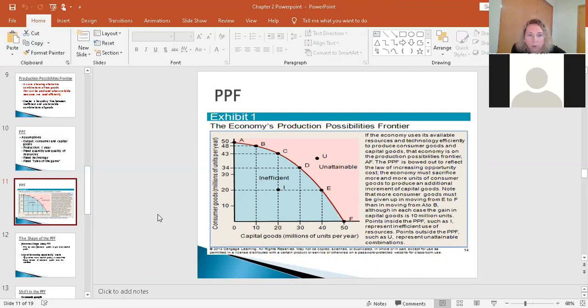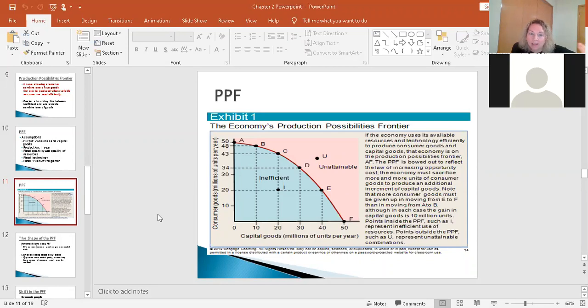So as we go from point A to point B, or 0 capital good to 10 million, how much consumer good did we have to give up? What's the opportunity cost in terms of consumer goods? 2 million. Thank you, 2 million, okay, because we went from 50 to 48.